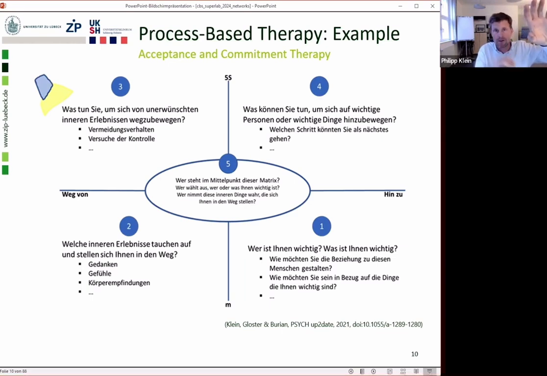And eventually we understood that this thought doesn't only trigger the restrictive eating behavior, but also her social withdrawal and her depression. And later we also found that if this thought is particularly strong, she also exhibited self-injurious behavior. So this thought and these symptoms were closely connected in a network.